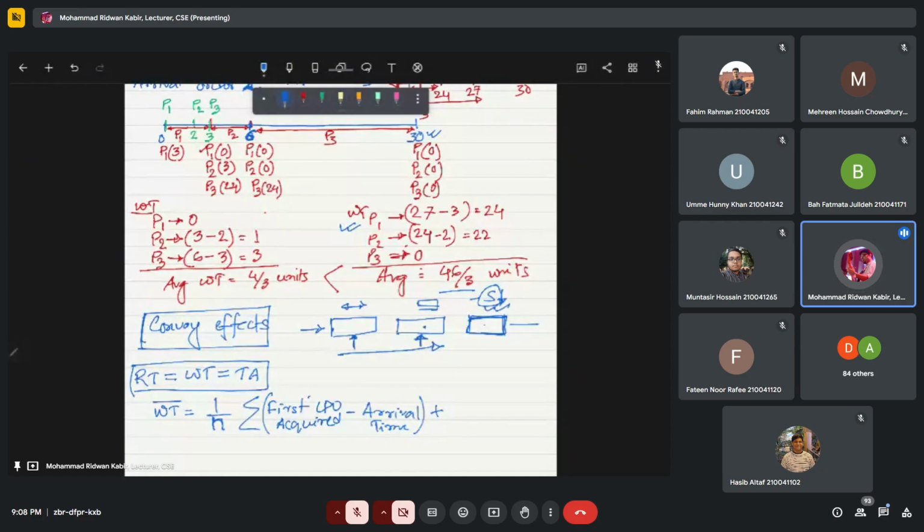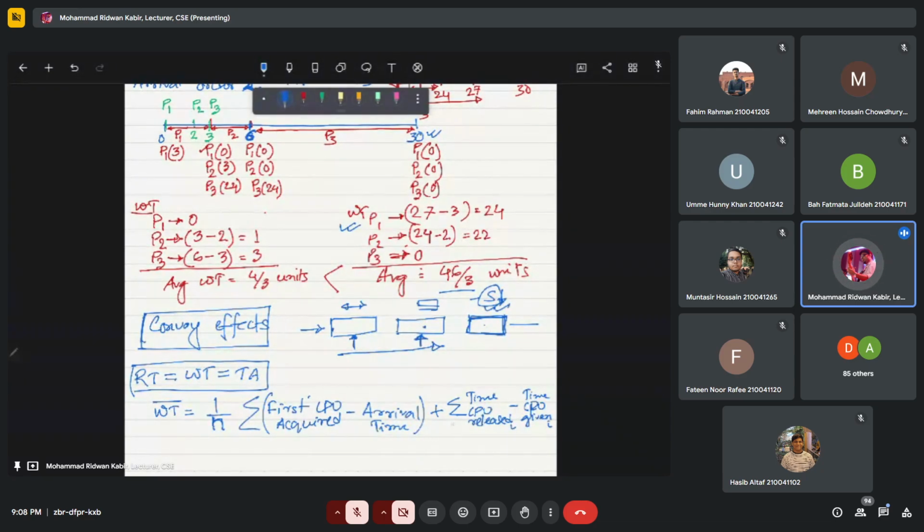You will sum the instances where you had the time the CPU was released at the ith instance minus the time the CPU was given at the ith instance.